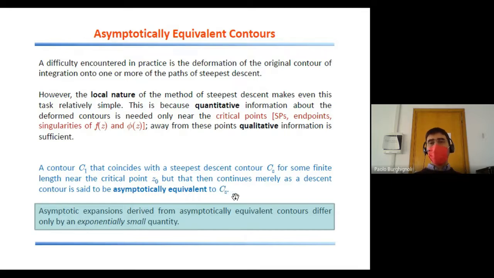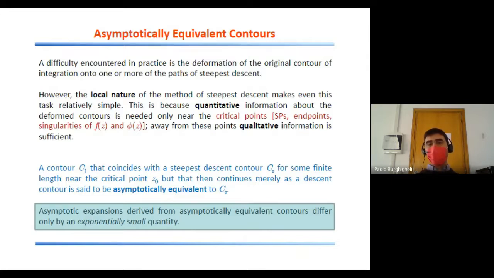So what you need is to match the contour that you are using with the actual steepest descent contour. But aside from this neighborhood, your contour can do whatever you like as long as it continues to be a descent contour. So that's important, because otherwise you would get contributions that are not negligible.